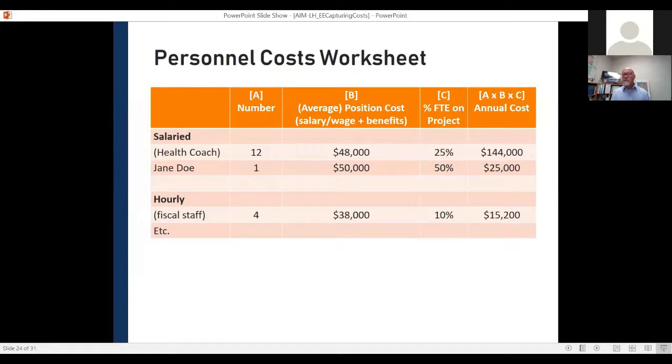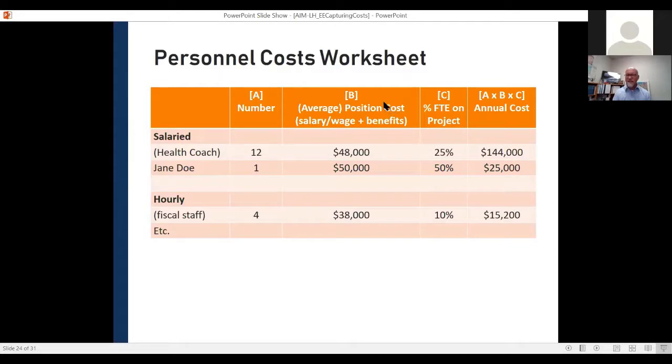Here's an example of how we might set up a spreadsheet to document the costs. So you would want to list either broadly or generically what the positions are that are being used here in the left-hand column. The next column, labeled A, is the number of people in that position.